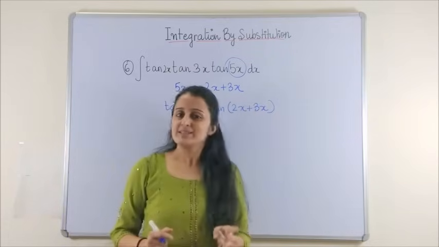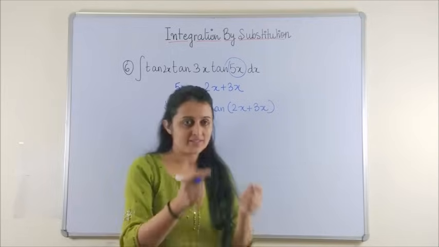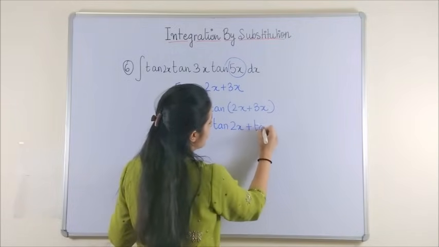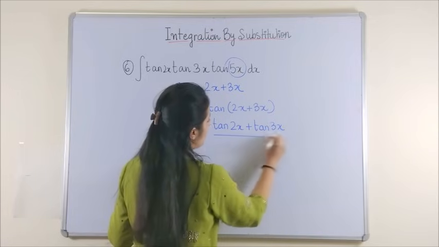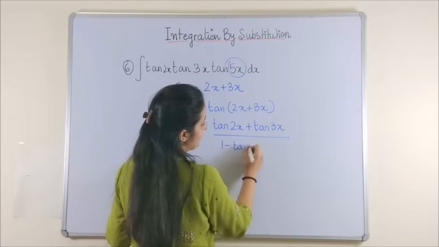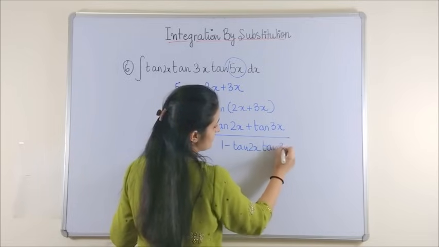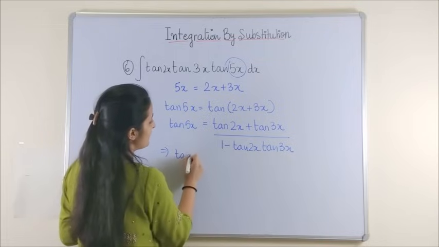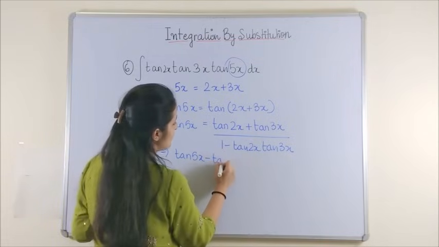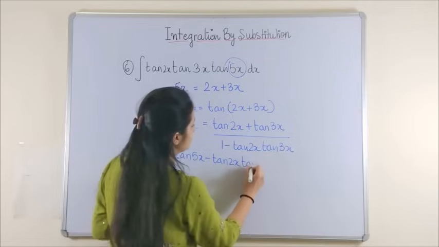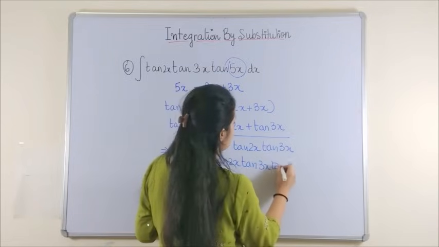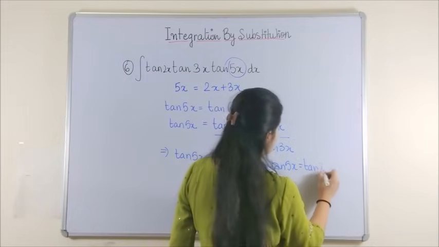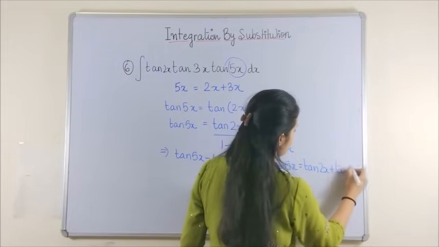Let's apply the formula for tan (a plus b). That gives us (tan A plus tan B) whole upon (1 minus tan A into tan B). Let's cross multiply. We get tan 5x minus tan 2x into tan 3x into tan 5x can be written as tan 2x plus tan 3x.